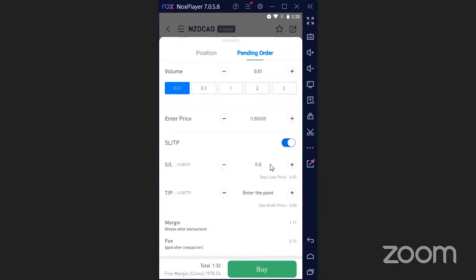If this market triggers the buy limit and goes against you, it's just going to continue to ruin your account, unless you give it a stop loss. The market will just continue to go. So let's set stop loss.